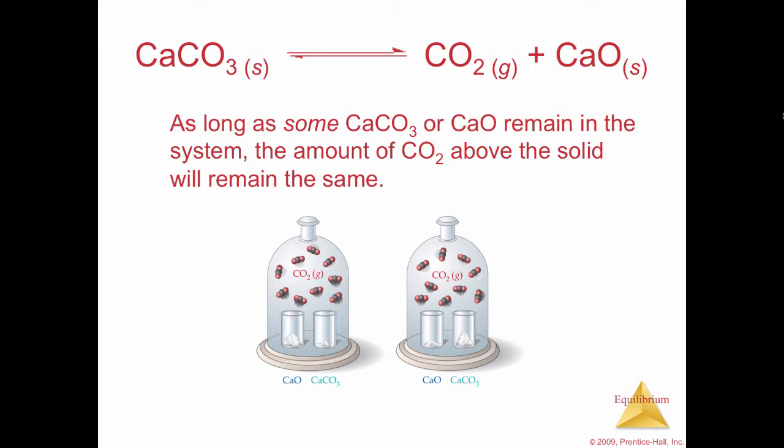This tells us that at a given temperature, an equilibrium among calcium carbonate, calcium oxide, and carbon dioxide always leads to the same carbon dioxide partial pressure as long as all three components are present. As long as some calcium carbonate or calcium oxide remain in the system, the amount of carbon dioxide above the solid will remain the same.